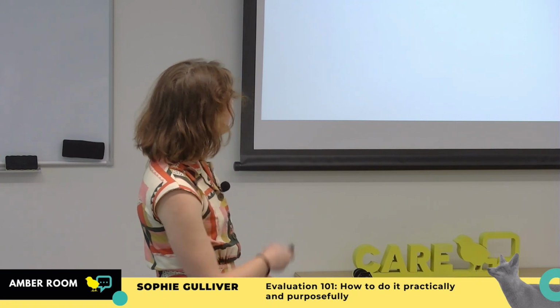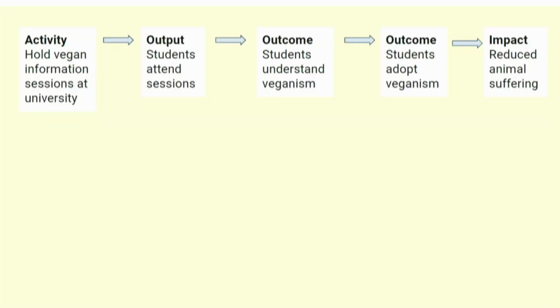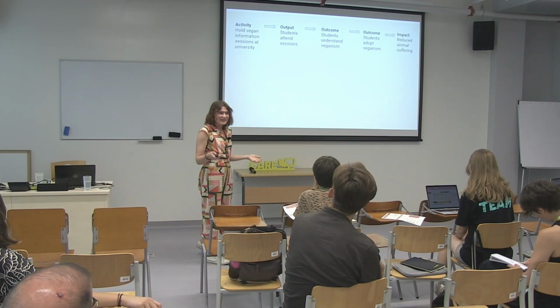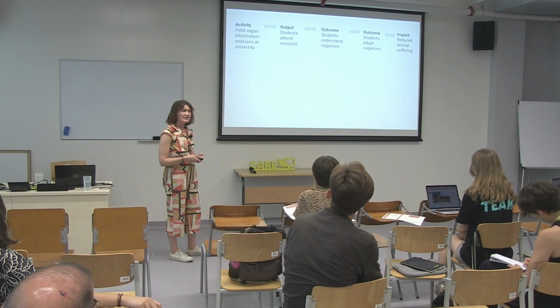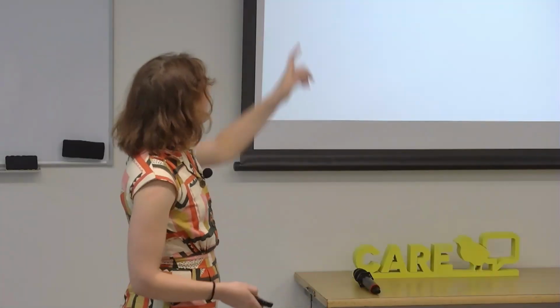All right, here's our theory of change again. When we are looking at our theory of change, what we really want to focus on is the arrows connecting. So we hold vegan information sessions at university, and then we're assuming students attend. But do they attend? And if not, why not? Do they know, is it in a good place for them? Is it well publicized? Then we're assuming students attend and then they just understand veganism.